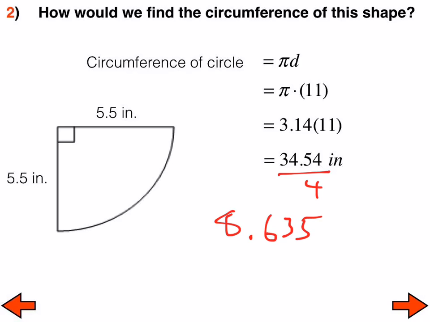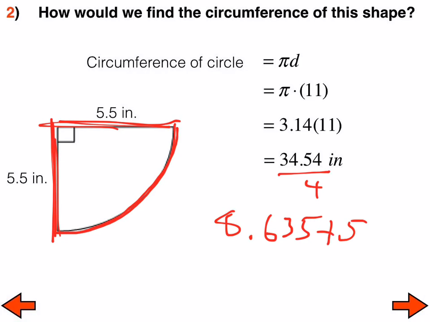All right. So is that the distance all the way around that thing? Yes or no? Uh-oh. Wait, no. Okay, what that is, that's the distance from here to there, around 1/4 of a circle, right? We're supposed to find the distance all the way around. So I have to add on 5.5 and 5.5.